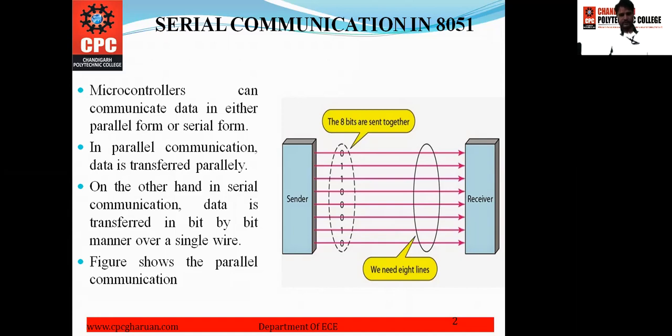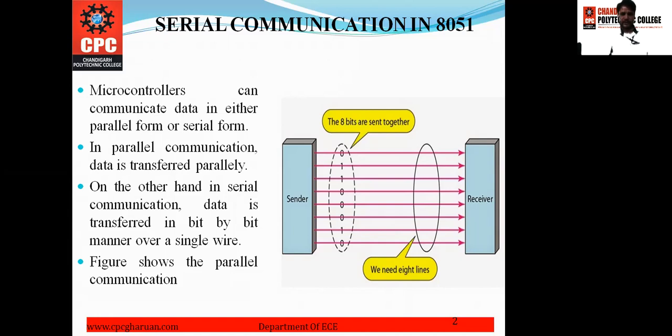On the other hand, in serial communication, which is the opposite of the parallel one, the data is transferred bit by bit over a single wire. As you can see in this image, this is the parallel communication of 8051 from transmitter to receiver.